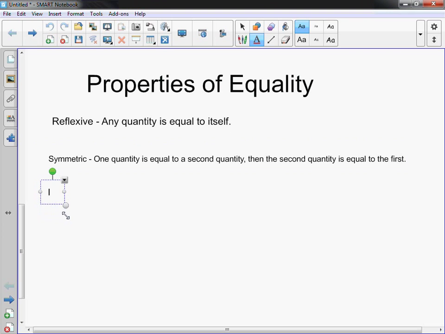Okay, the third property is the transitive property.